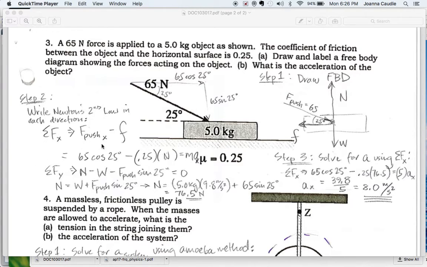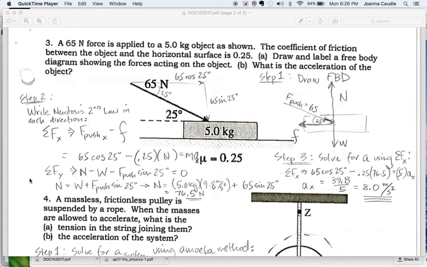So in the x direction, I have the x component of the pushing force, and opposing that is the friction force in the other direction, and that's equal to the mass times the acceleration in the x direction.